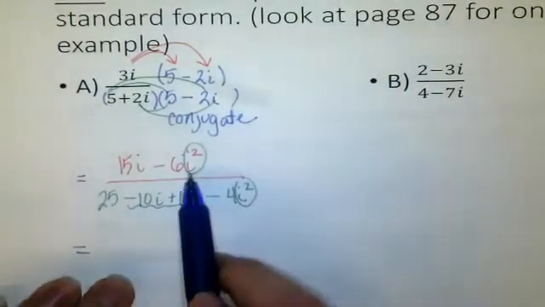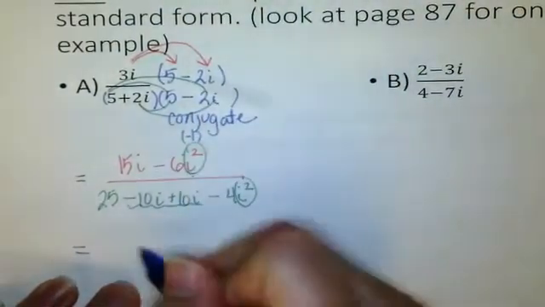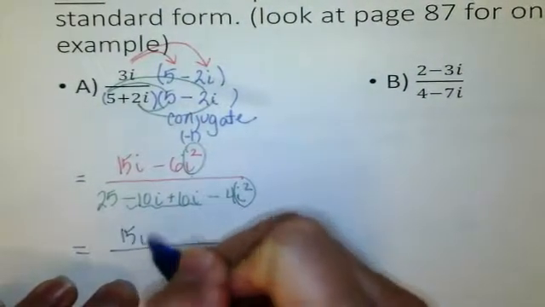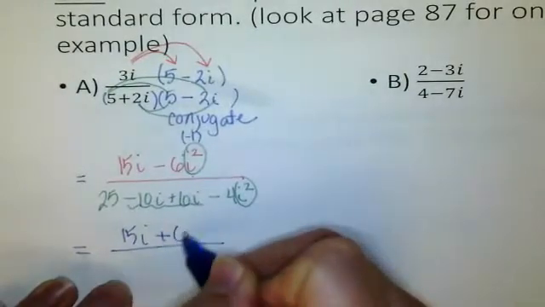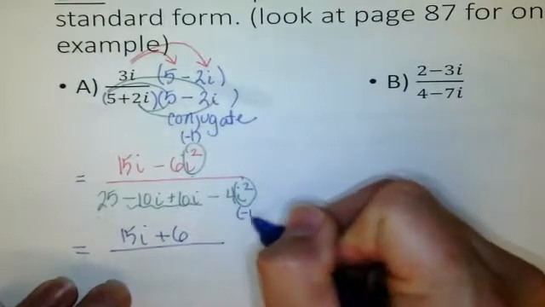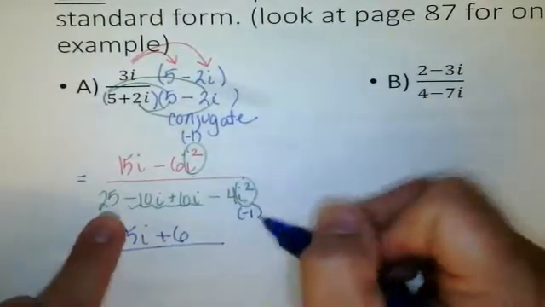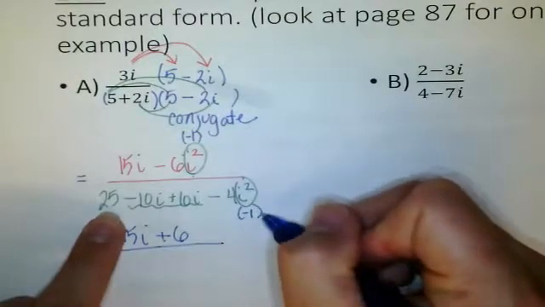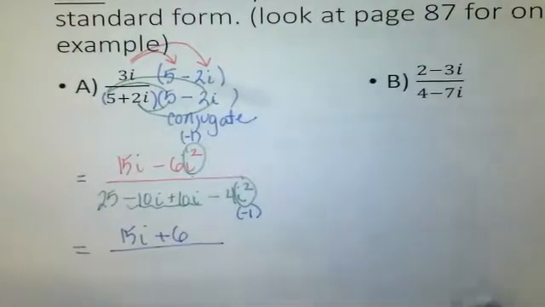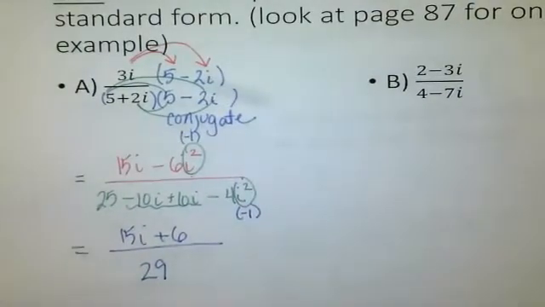What happens with the i squared? It's -1. And so this becomes 15i plus 6. And in the denominator, again, that i squared is really -1. So we have 25 plus 4, and 25 plus 4 is 29. So this is a very good answer.